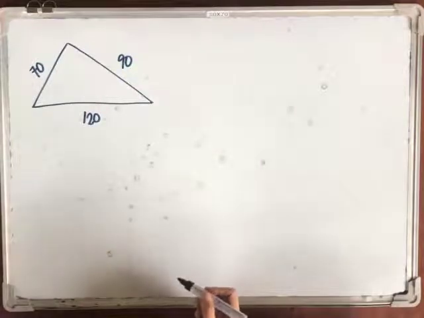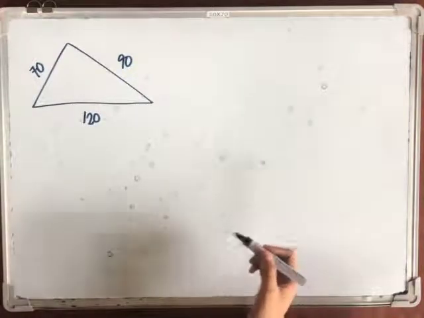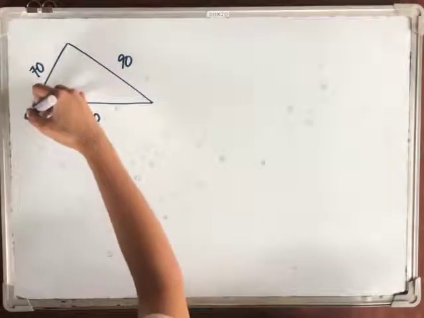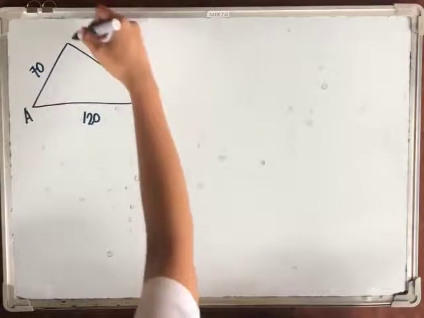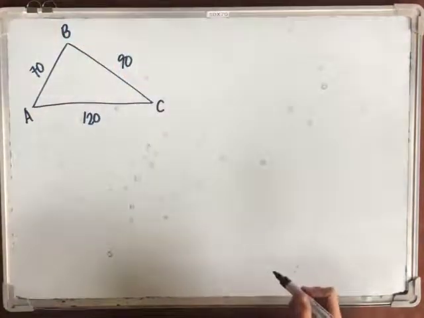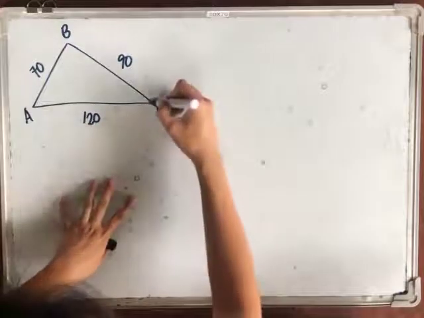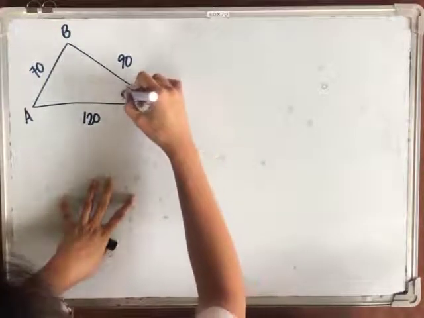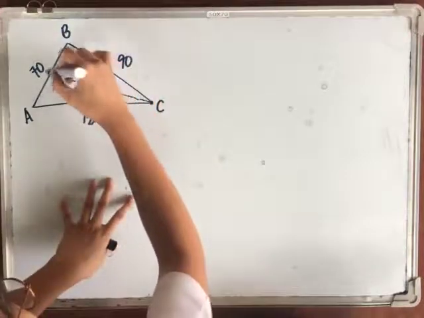Yan. Okay? So we have here our angle. Let's say this is angle A. This one is angle B. And this one is angle C. Ang hinahanap sa atin dito is the measurement of the angle bisector to the shortest side of the triangle. So basically, ito yon.